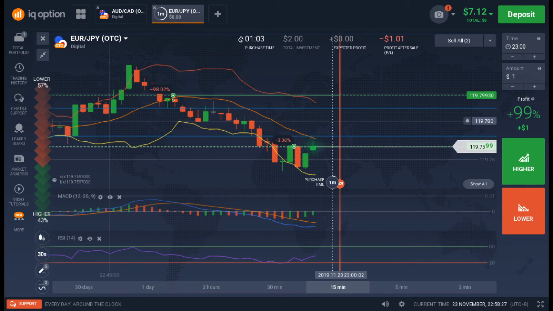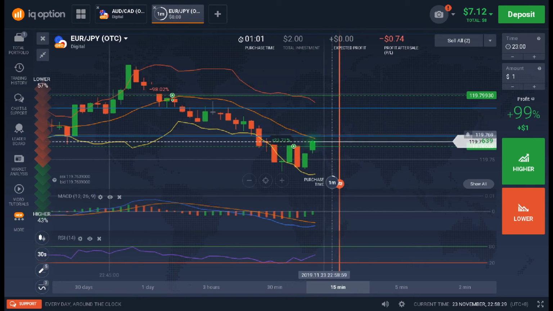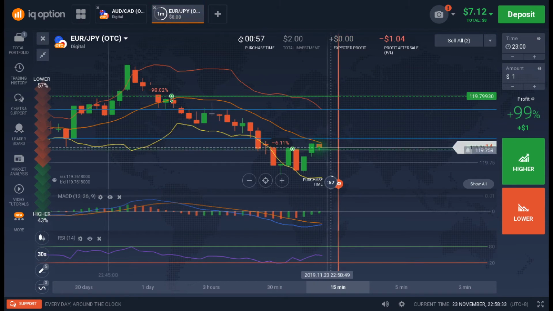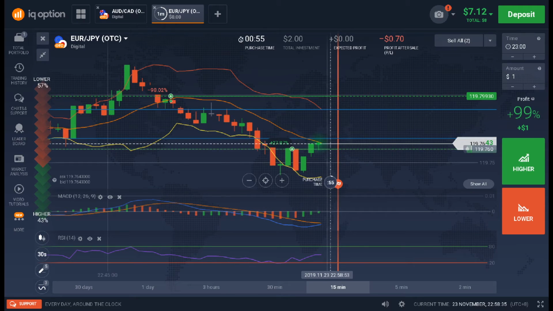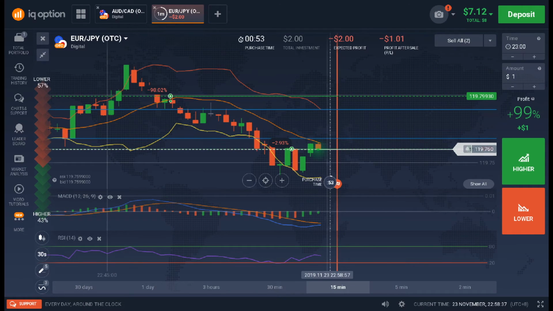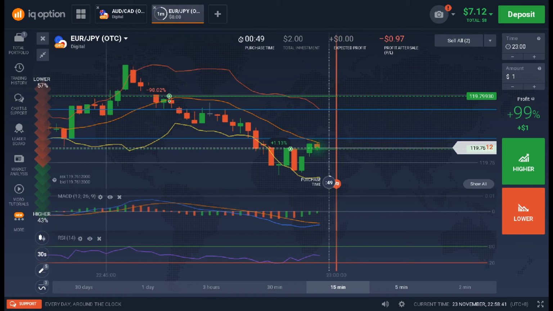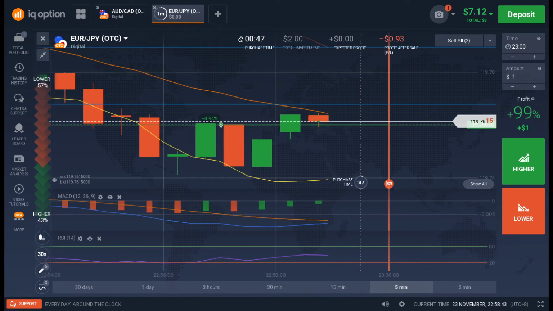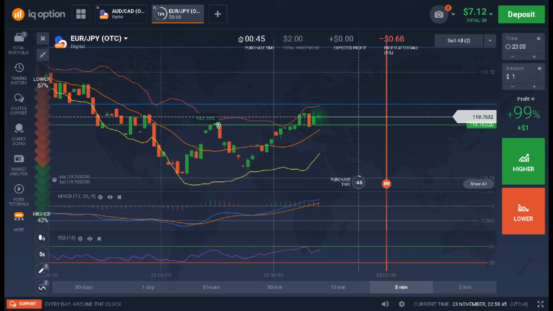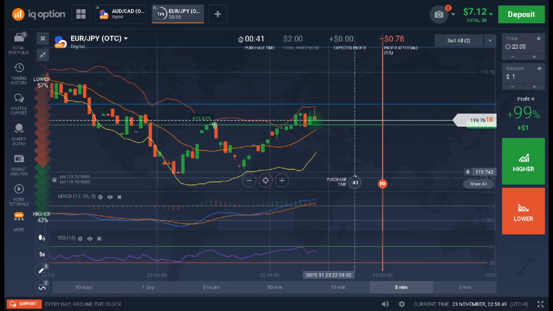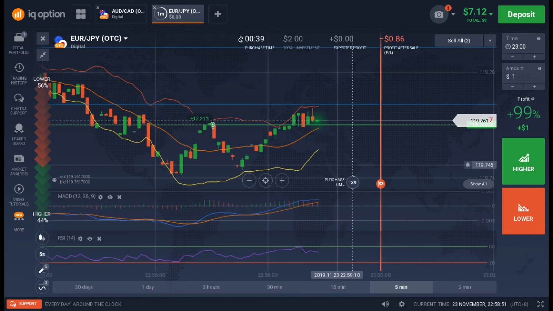Hopefully it bounces now. Go, come on, cross above the MA20 line. No, cross above the MA20 line, please. Yes, got it. My goodness, you're giving me a heart attack.